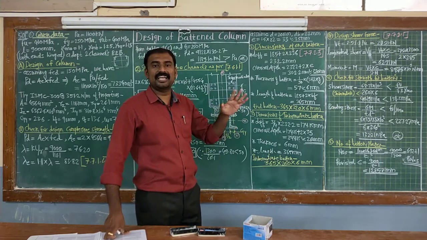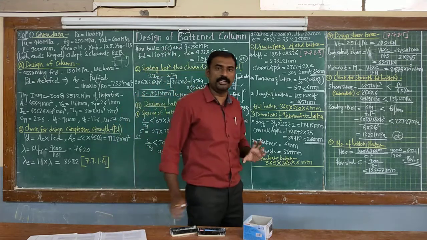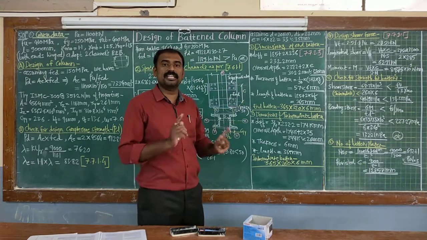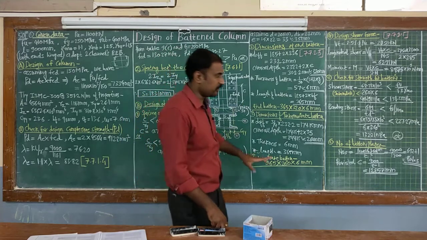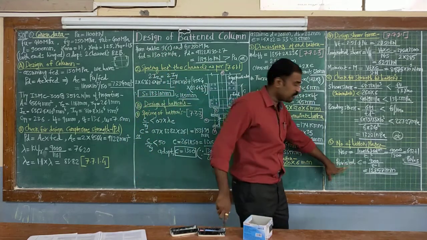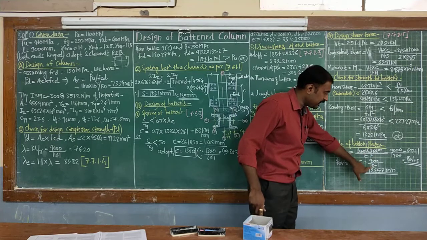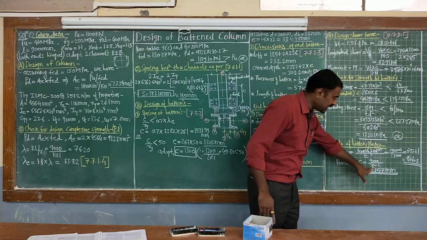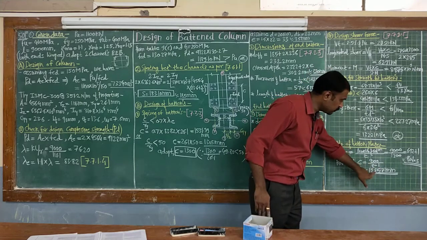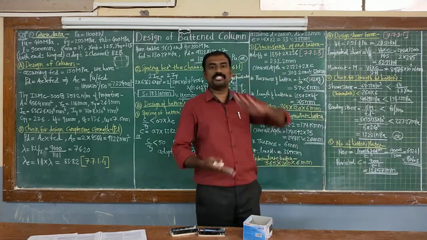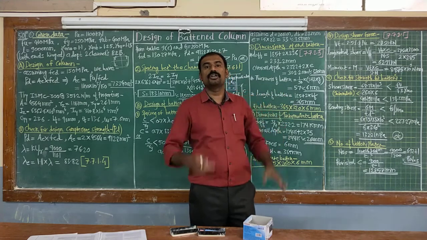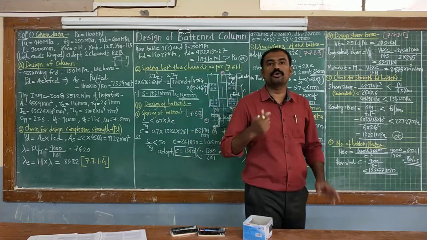At the last, our summary of design should be the spacing, that is your C value, and as we have changed the number of battens, there will be a revision in the spacing value. So I am calculating revised spacing equals 9000 divided by number of battens minus 1, correct? That is 8 battens, minus 1, which gives 1285. In short, as you have reduced the spacing between the battens, the compressive strength of the column is going to increase.